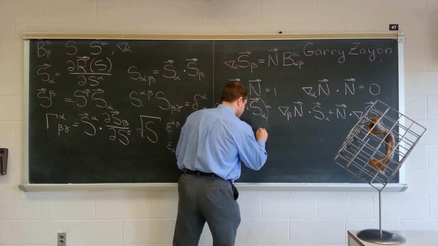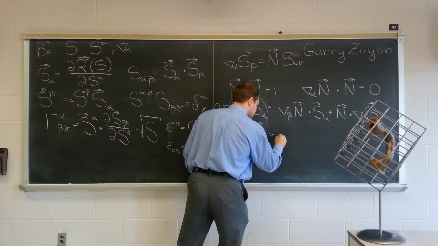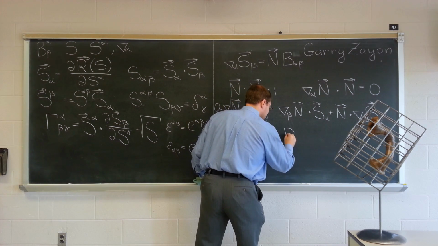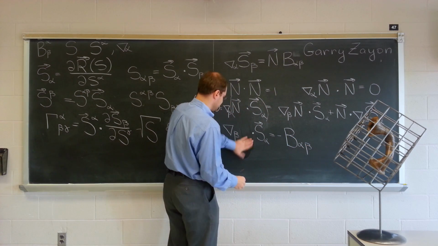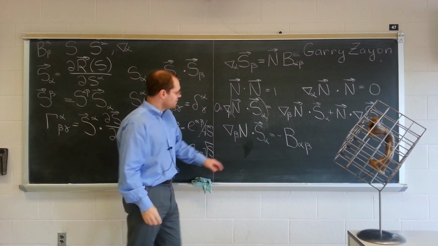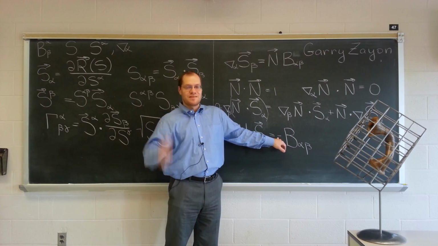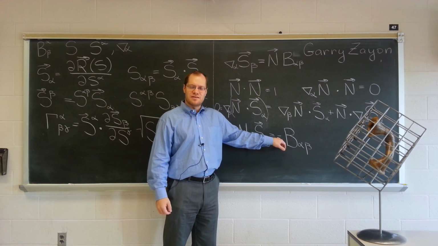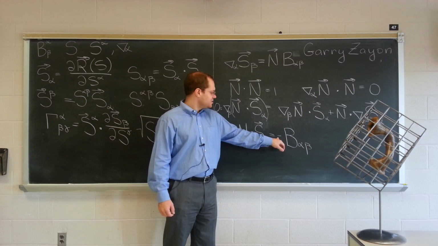Dotted with S alpha equals minus B alpha beta. And now this is dry enough to put the normal back in. So, very interesting minus sign. You will find it throughout differential relationships in differential geometry.